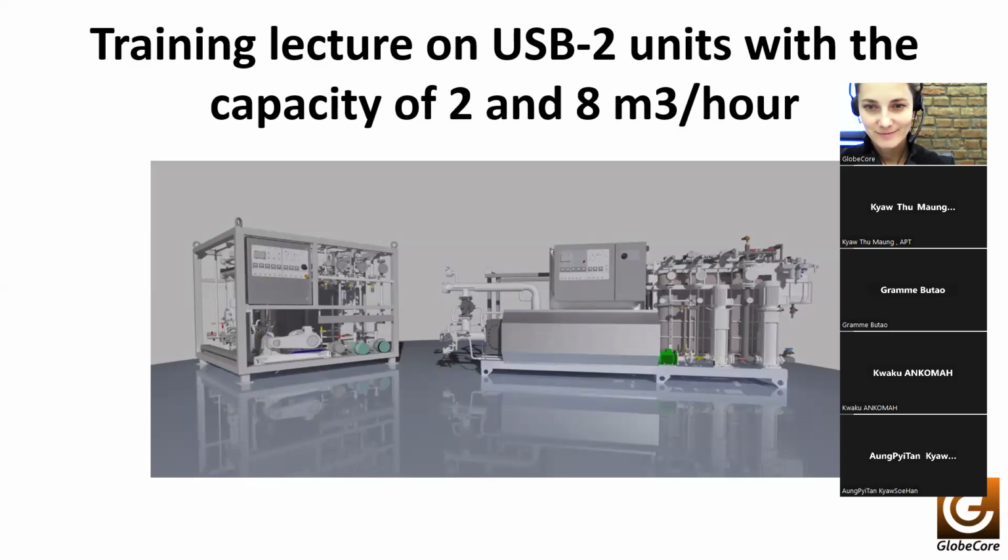Well, basically, my question was on volume. At first, I was under the impression it was okay, but it was a bit low. I don't know with the other colleagues. Thank you. Okay, so we have 3 capacities available for machines for production of bitumen emulsion. It's 2, 4, and 8 cubic meters per hour.